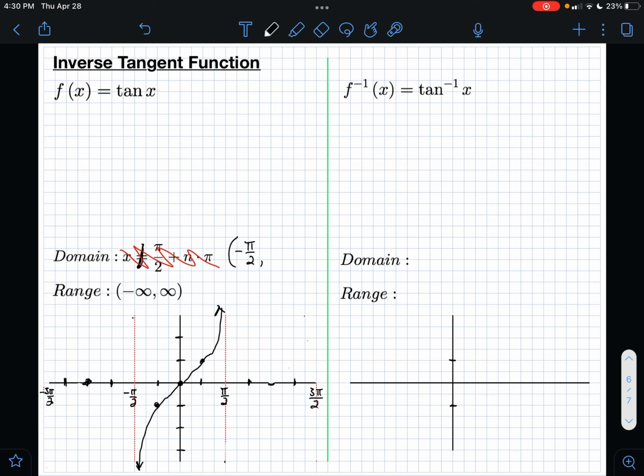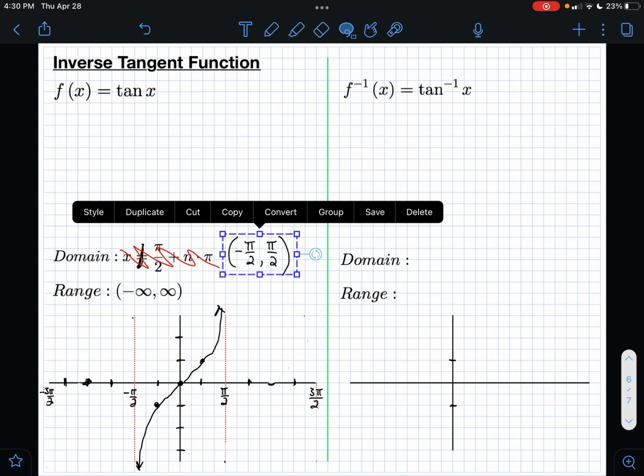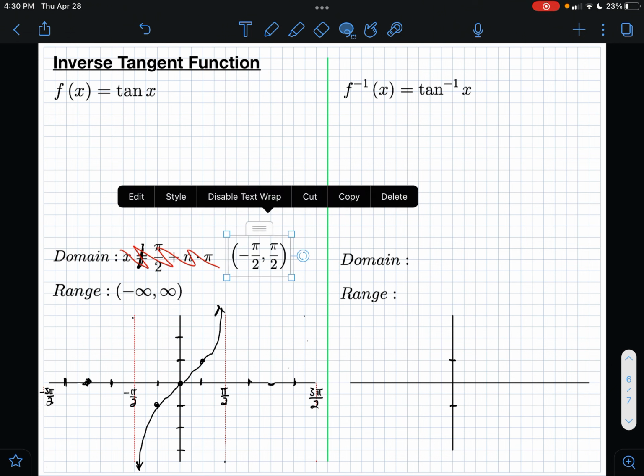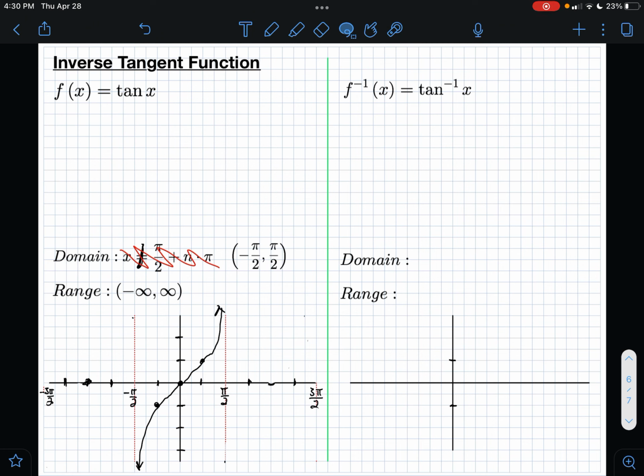We stick between negative pi over 2 and positive pi over 2. Now, unlike the sine function's restriction, this is an open interval because we can't actually reach the asymptotes. So we still stay between negative pi over 2 and positive pi over 2, we just don't get to the endpoints.